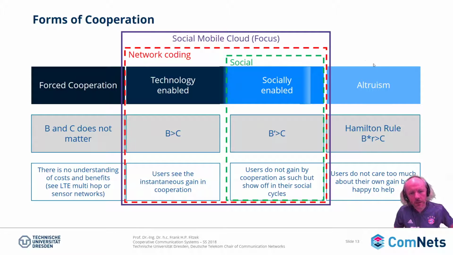Now, if you look at the two forms here, there is something here in the middle, and we call this social mobile clouds, where the technology enabled, this is something that we can design, and socially enabled is something that has to do with social networks. We'll show you this later. So interesting is to find ways to make people believe in cooperation because they have a clear benefit by themselves. And we will design the technology in a way that we can really increase the benefit over the cost.